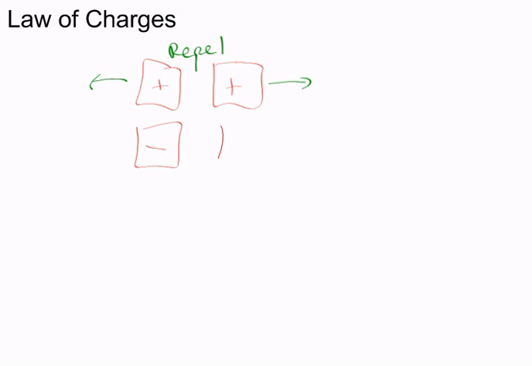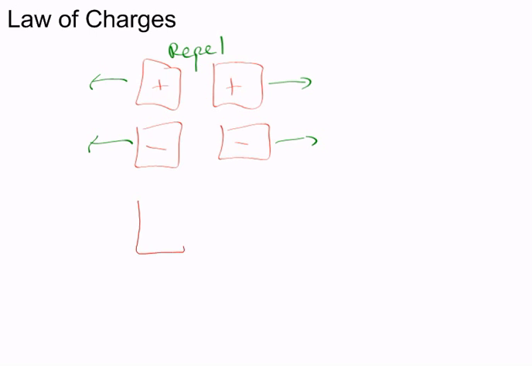Now, what is the actual law of charges? Pretty simple. If I charge an object that's positive and bring another positively charged object near it, they don't like each other, so they repel. Okay. If I bring an object that is negative close to one that's negative, they will also repel.